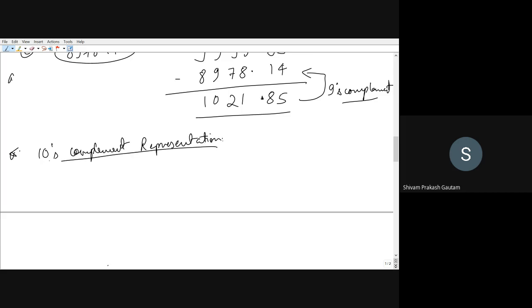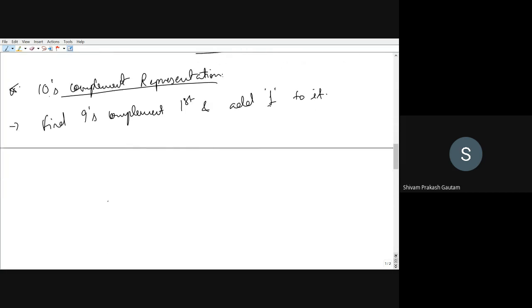So what is the step for the tens complement representation? Find the nines complement first, and then add 1 to it. So the steps will be the same as previous. First you have to find the nines complement of the decimal number, and then you have to add 1 to the result. So again we will take some examples.